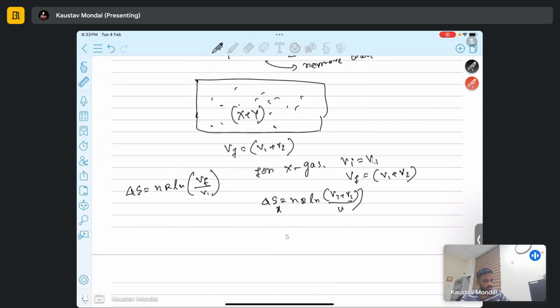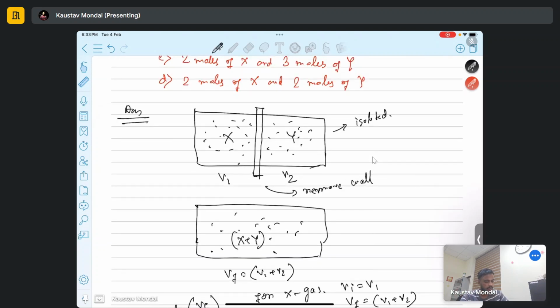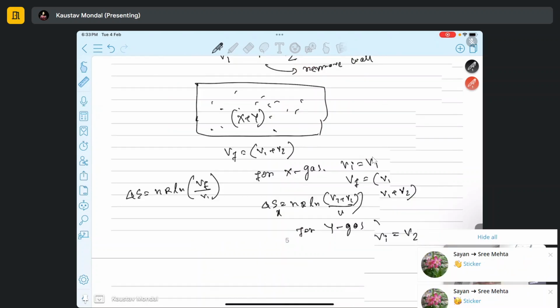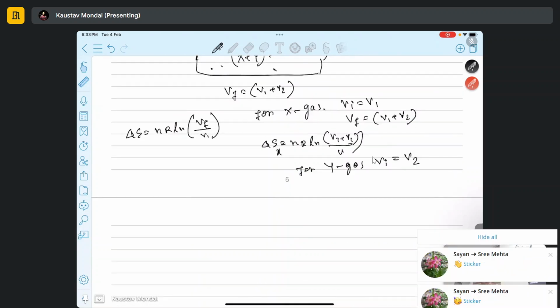Similarly for Y gas, the initial volume Vi was V2, because initially the Y gas was contained only in this V2 volume.